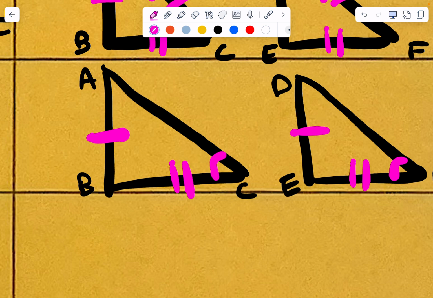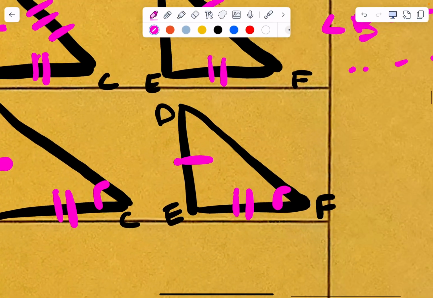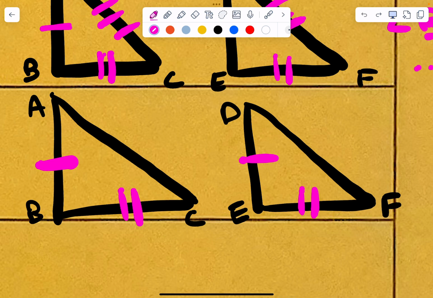The angle is not between the two sides. That's ASS. This is side angle side. Do you see that? So when you do side angle side, there are 2 sides. The angle that has to match from one to the other has to be the angle between the 2 sides. Got it? Okay? So this is how this works.